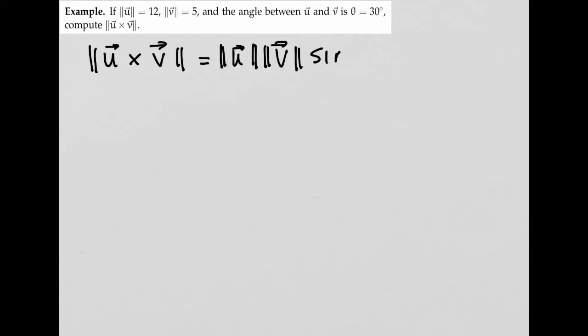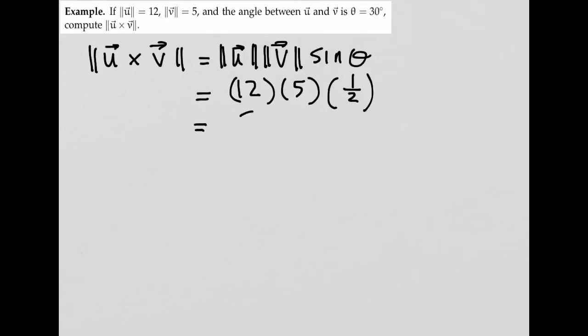That is 12 times 5 times sine of 30 degrees, which is 1/2.